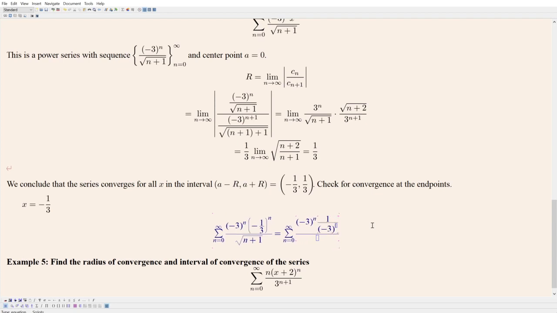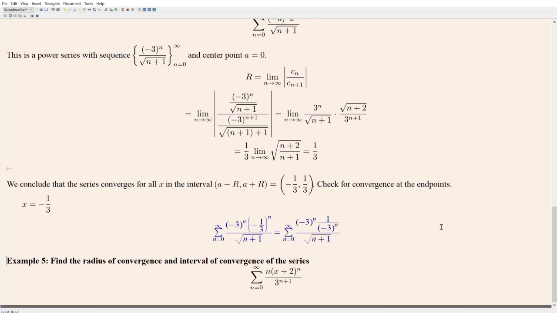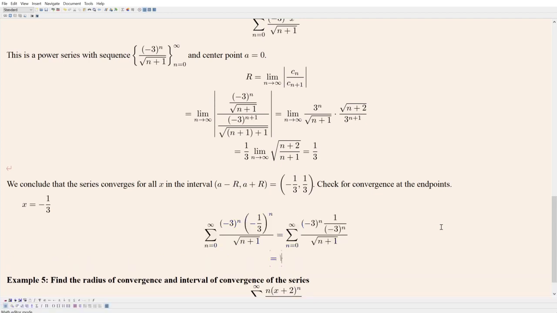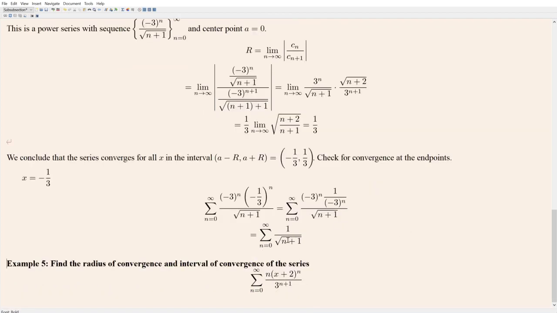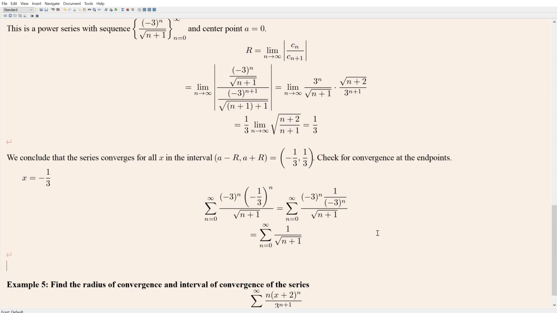So how convenient. These two dudes are just going to cancel each other out. Negatives and all. So we are left over with this dude. Now, does this dude converge or diverge? Well, it is very similar to the series 1 over square root n. That is a p-series with p equals 1/2. 1/2 is smaller than 1, which means it's going to diverge. So I think we should probably do limit comparison test here.